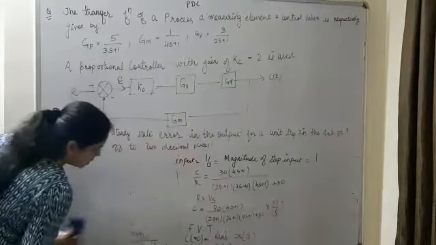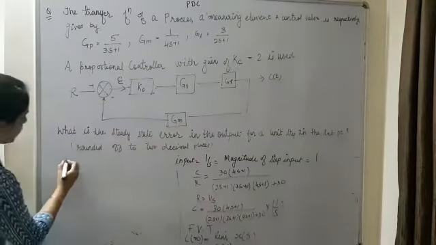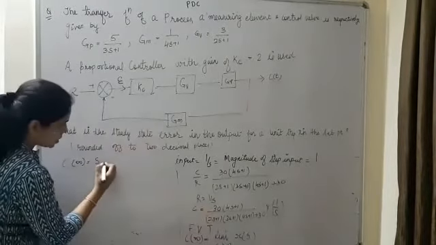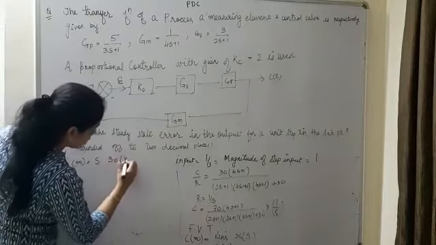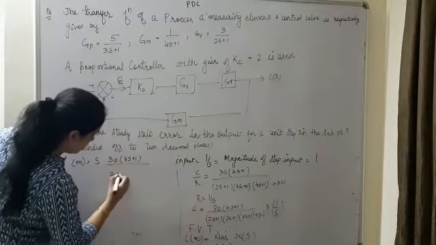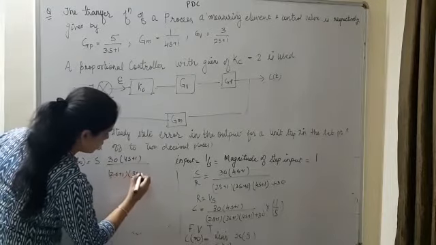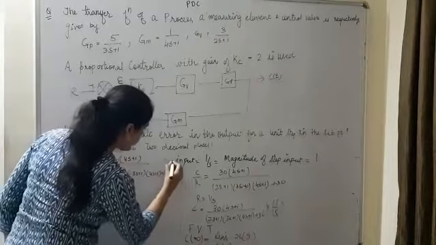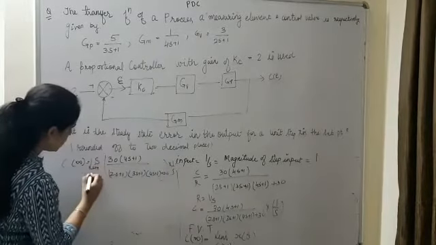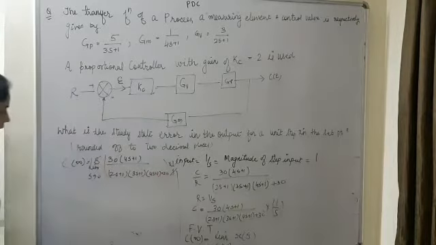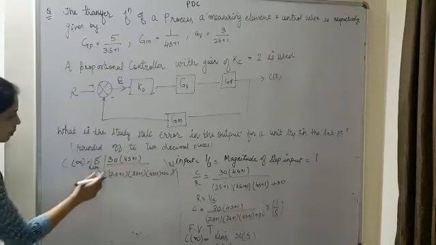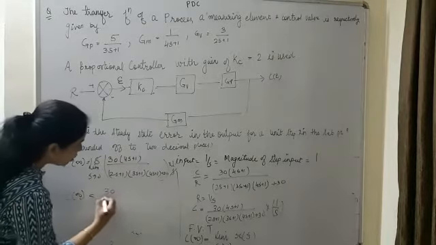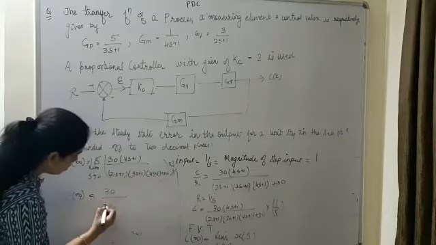So C infinity comes, S is cancelled out, S of 30 times (4s plus 1) upon (3s plus 1)(4s plus 1) plus 30, into 1 by S. Here the limit goes, S tends to 0. This S is cancelled, and then we substitute the limit S equal to 0.